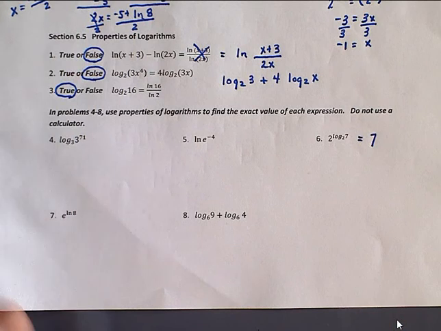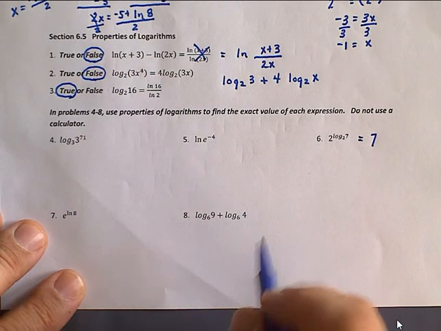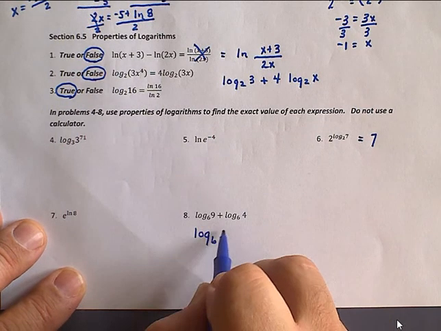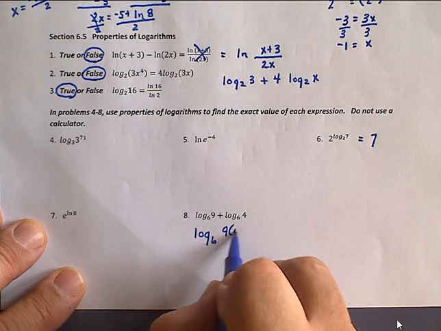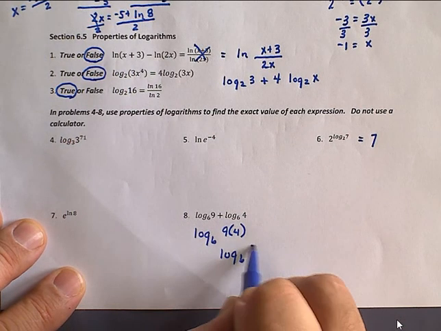Okay. Number 8 is a little bit different. We've got an extra step we can plug in. Okay. So in this case, log base 6, the addition sign is going to change to multiplication. So this is log base 6 of 9 times 4, which is log base 6 of 36.